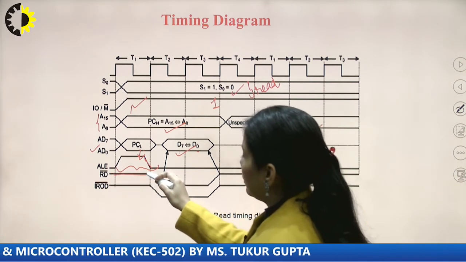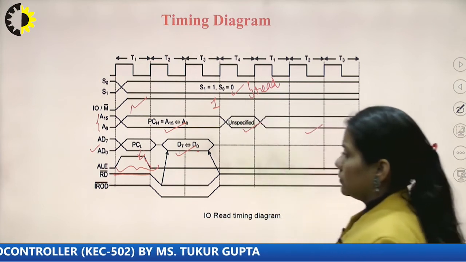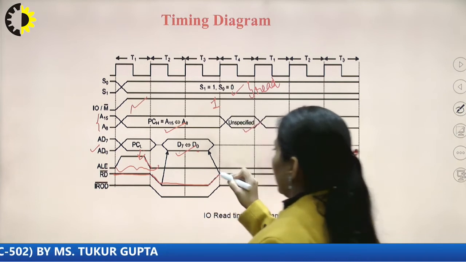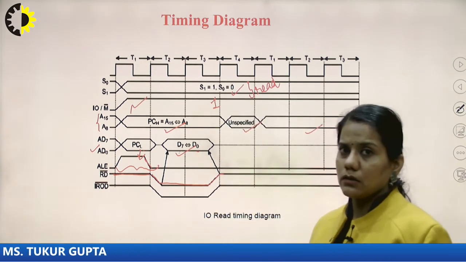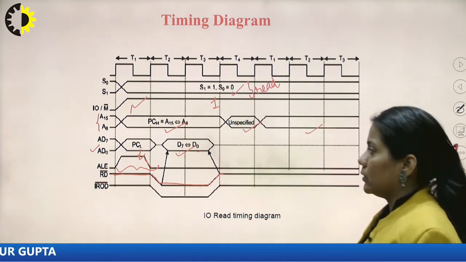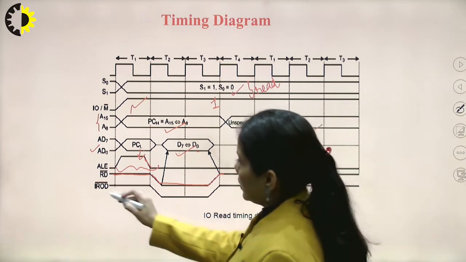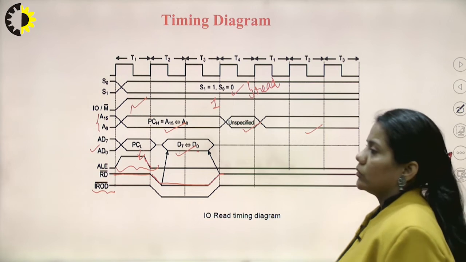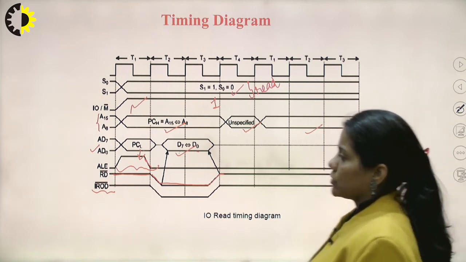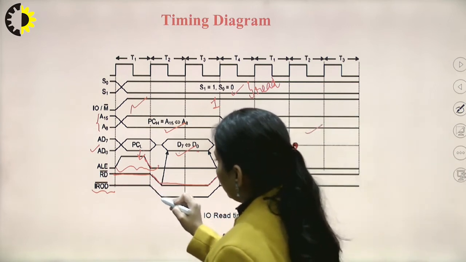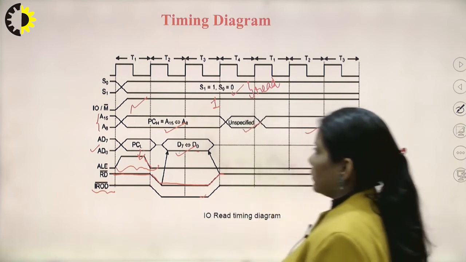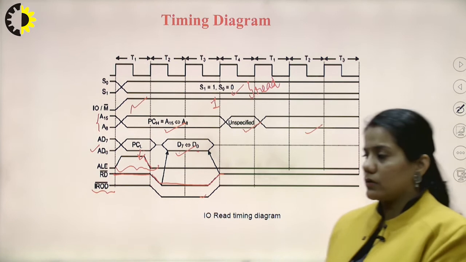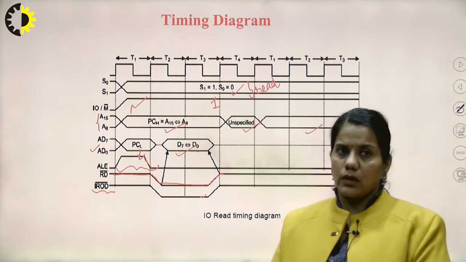During T1, the read signal is deactivated, and after T1 it is activated, and it will remain activated until the data is present on the data bus. This signal is a combination of IO/M-bar and the read operation. So IO read is activated after the T1 cycle and will remain activated until the data is present on the data bus.